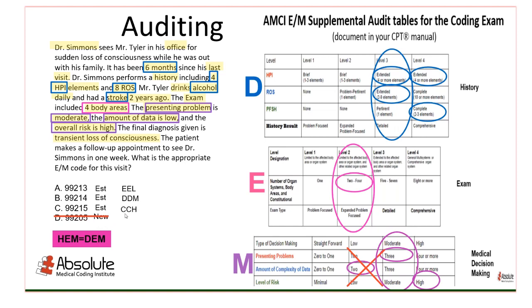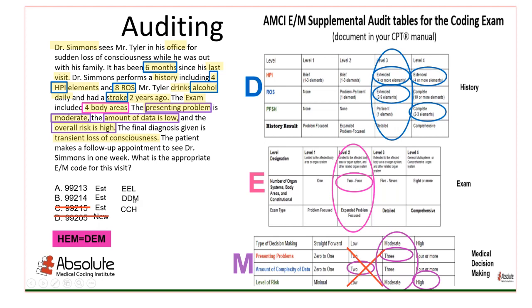And in order for it to be an eligible code, at least one of those components has to match the components in our HIM, okay? So I don't see any matching components in 99215. The history doesn't match, the exam doesn't match, and neither does the MDM, okay? So based off of that, C is not eligible. So we'll get rid of that one.